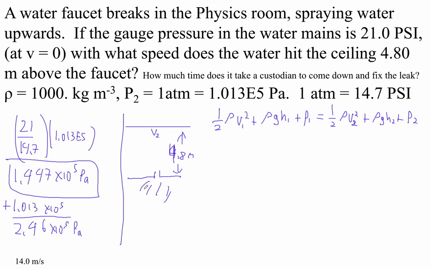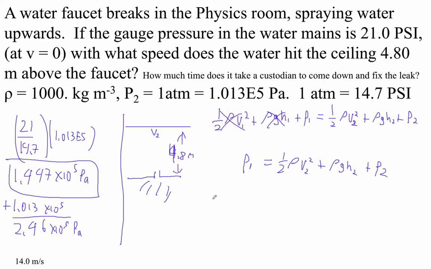Okay, let's say that the water in the mains is not moving, that it's at no height, and that there's some pressure there. So P1 is equal to 1/2 rho V2 squared plus rho g h2. So there definitely is a height there, right? Plus pressure 2.